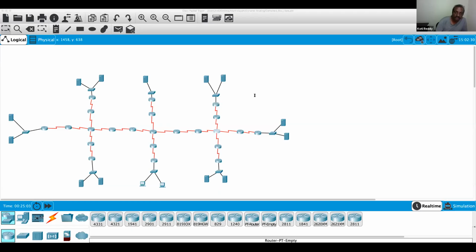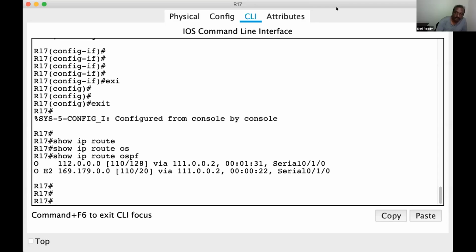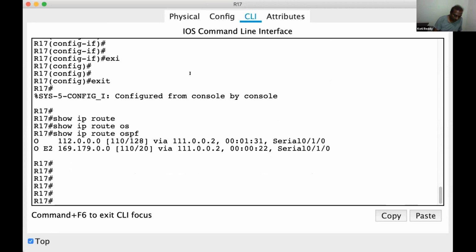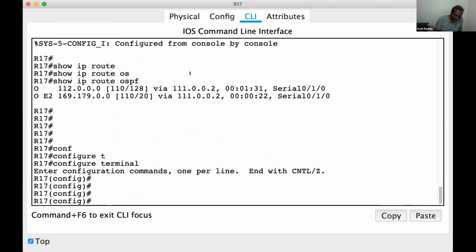So I go to R17. I add two routes here. I say configure terminal. I say IP route for 91.0.0.0, 255.0.0.0, pass on the packet to 92.0.0.1.